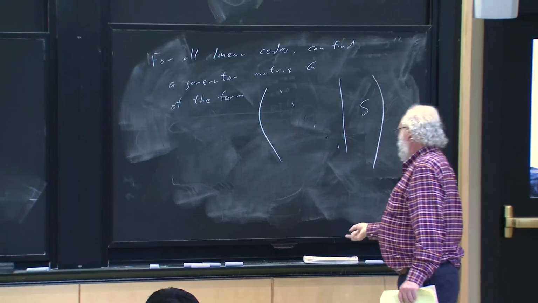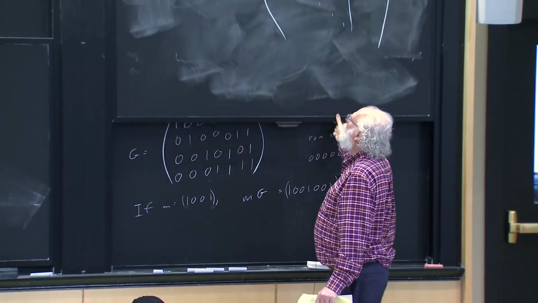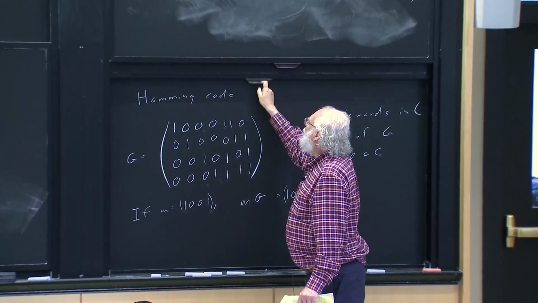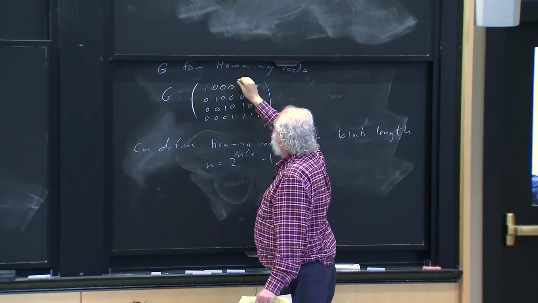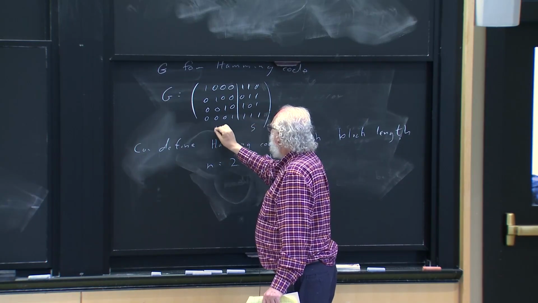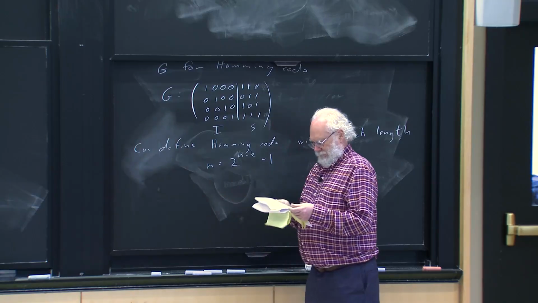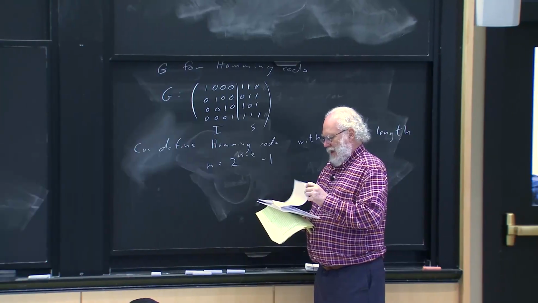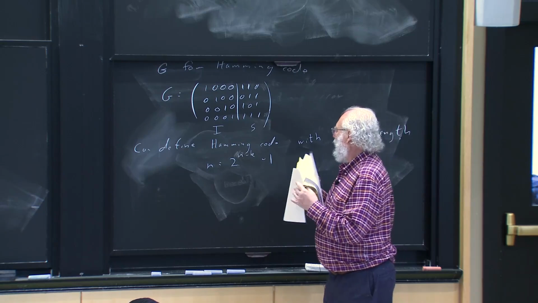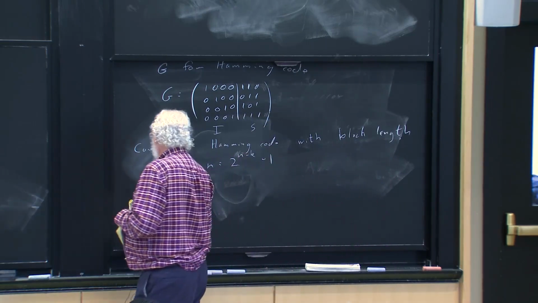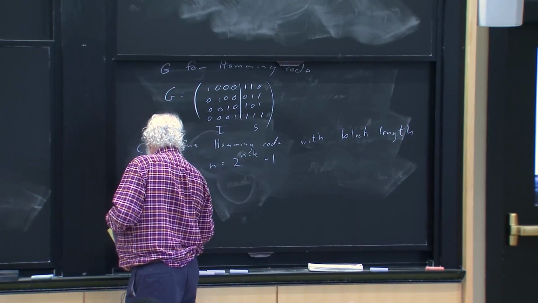So you see, here, this second part is S, and this first part is the identity. And by general linear algebra, the proof is really Gaussian elimination.